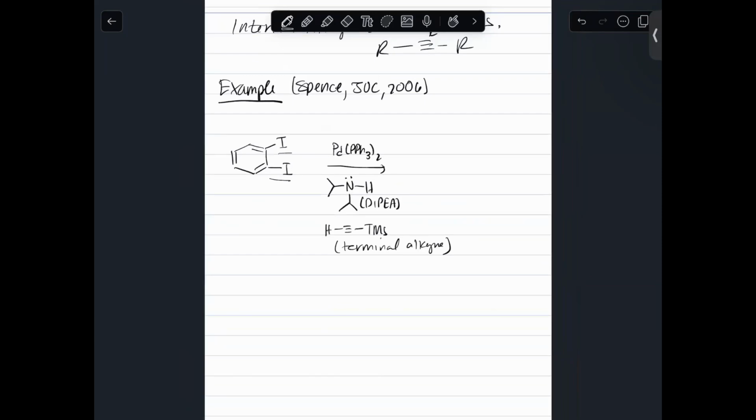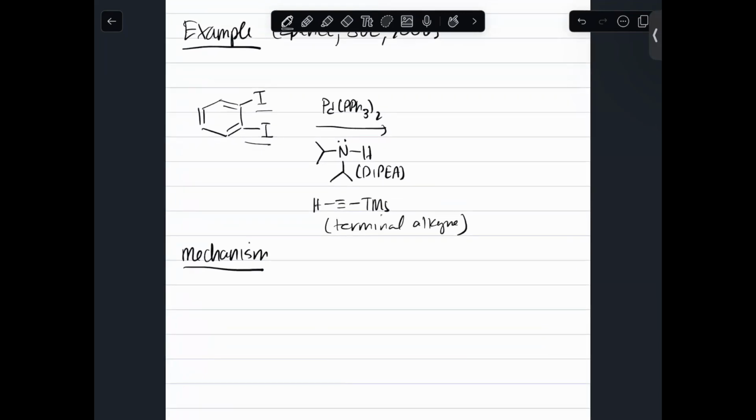Okay. Just as before, let me try to go through the mechanism briefly or quickly, even though there's two halogens on there. The reaction goes through two cycles, right? It's not all happening at once.